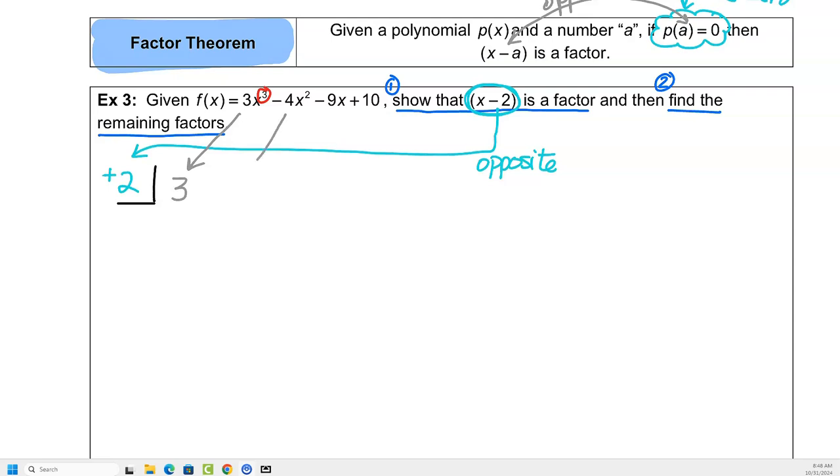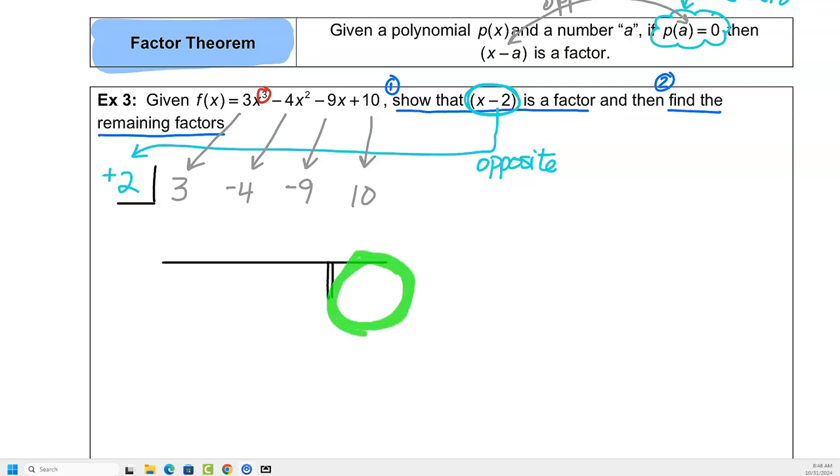So then I'll do 3, negative 4, negative 9, and 10. I know that in this location right here, it has to be a 0 if they tell me it's a factor. So if I show that equals 0, then I have proven that it's a factor.